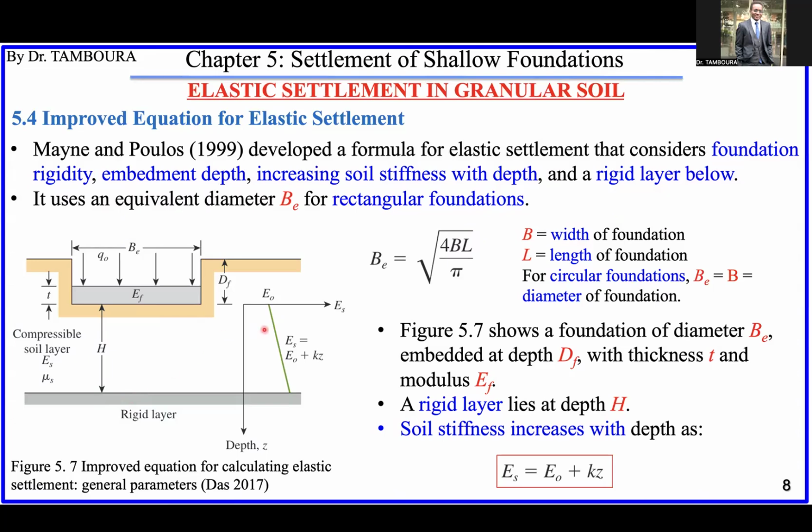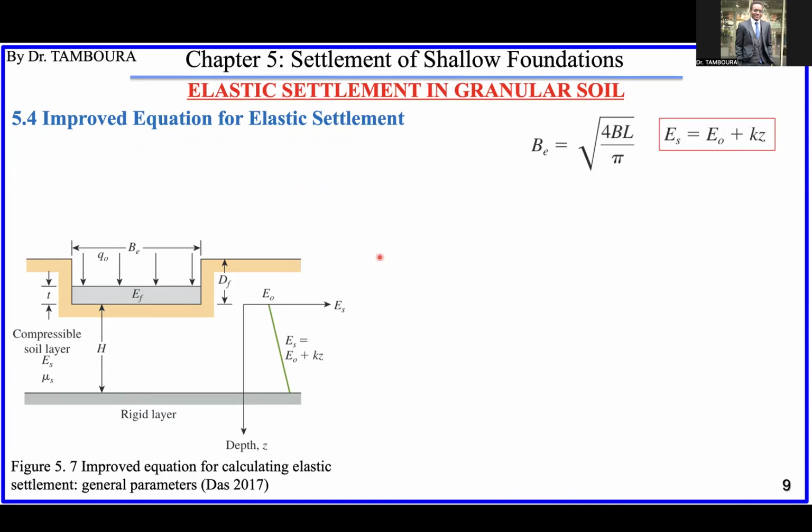It will consider the fact that the soil stiffness is not constant, it increases when you go deeper. If we can have an equation that takes into account all this, it will be very good. And this is the objective here. So remember that we need this, okay, the equivalent diameter.